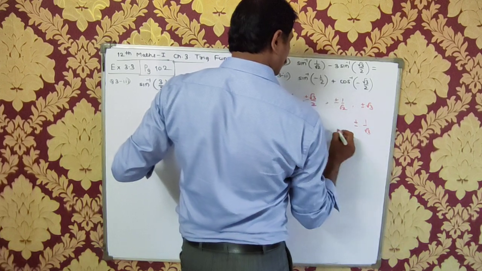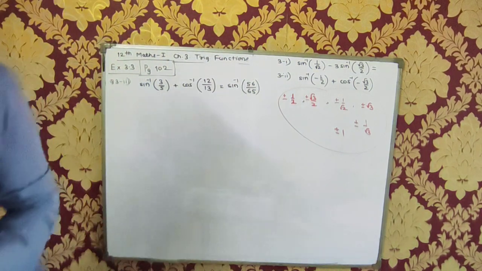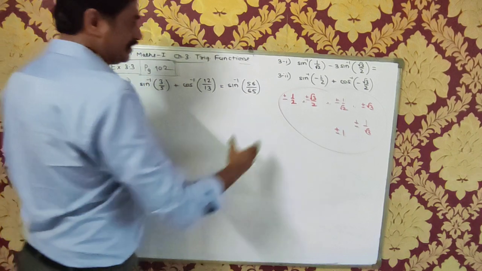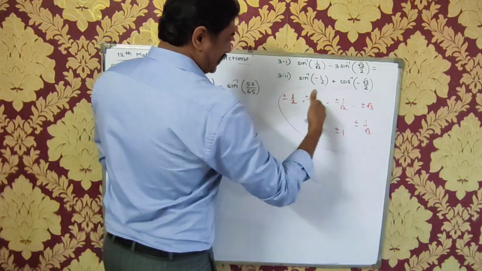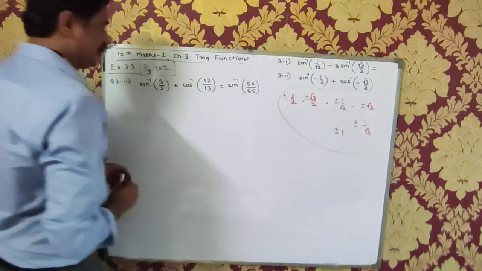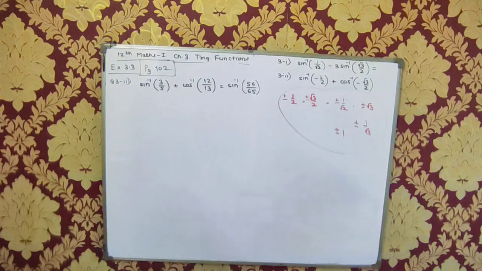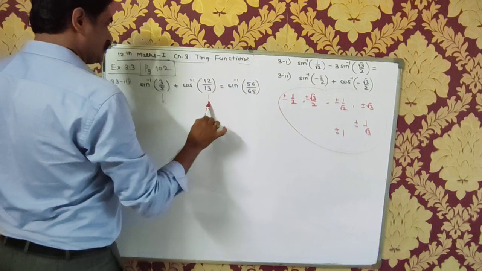These are the known trigonometric ratios for 30 degree, 60 degree, 45 degree, tan, sine, cos, whatever. So we call these the known trigonometric ratios. Are you all understanding what I am saying here? These are the known trigonometric ratios, whereas these are not the known ones.